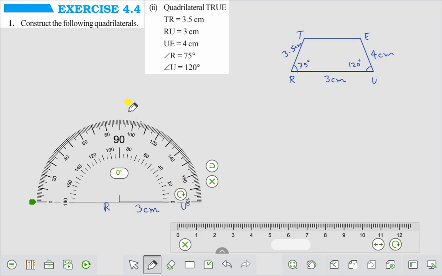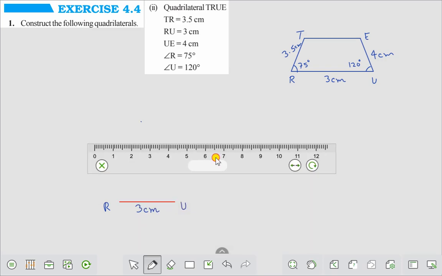Now make the angle with the help of the ruler. Take this ruler.